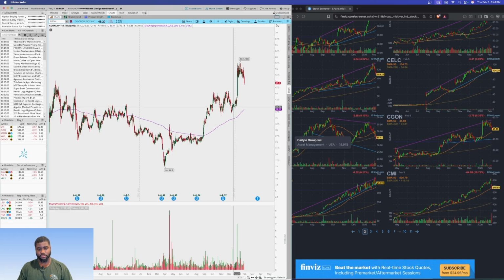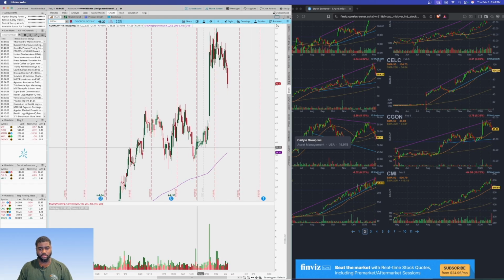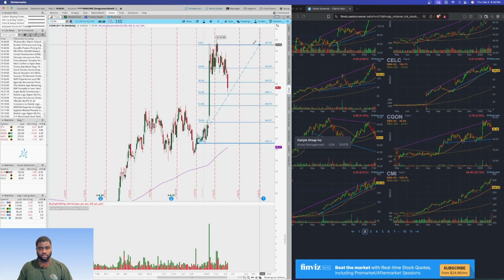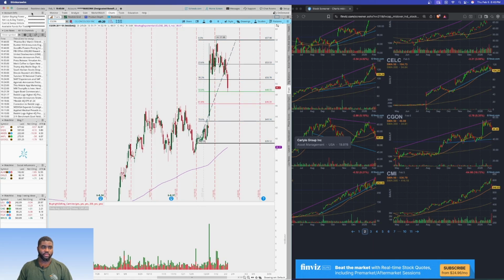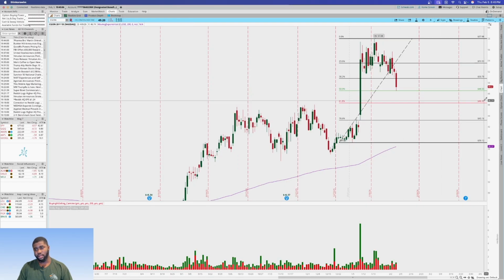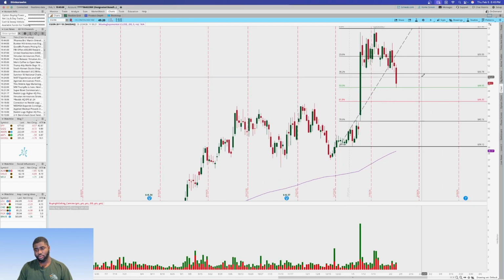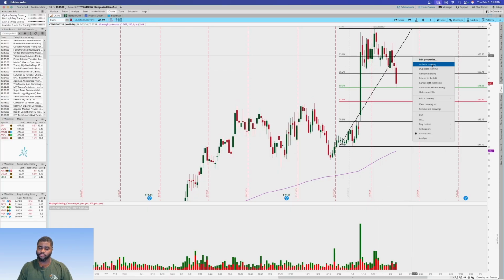You pull your Fib and you mark from the low of the move to the high, and you wait for the golden zone to get triggered. Once the golden zone gets triggered and you get a good confirmation with volume, you take the trade long. So this is how you find stocks that have made moves and are making pullbacks for potentially a continuation.